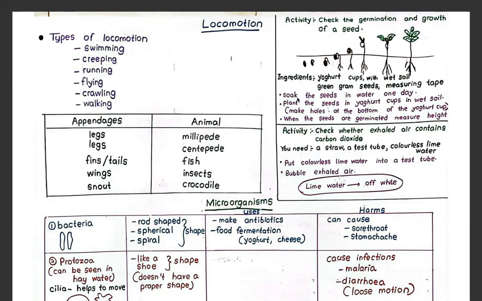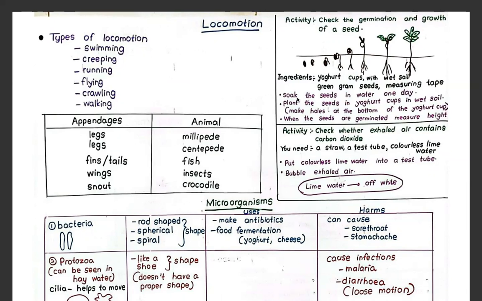So what should you do first? You should soak the seeds in water 1 day. Soak කියලා කියන්නේ පෙගෙන්න අරිනවා. Soak the seeds. අපි ඉස්සලම බීජ පෙගෙන්න අරිනවා වතුර තුල එක දවසක් විතර. Then plant the seeds in yogurt cups in wet soil.